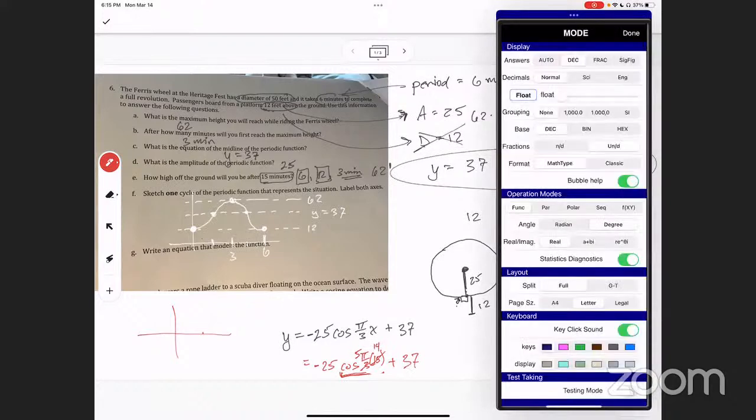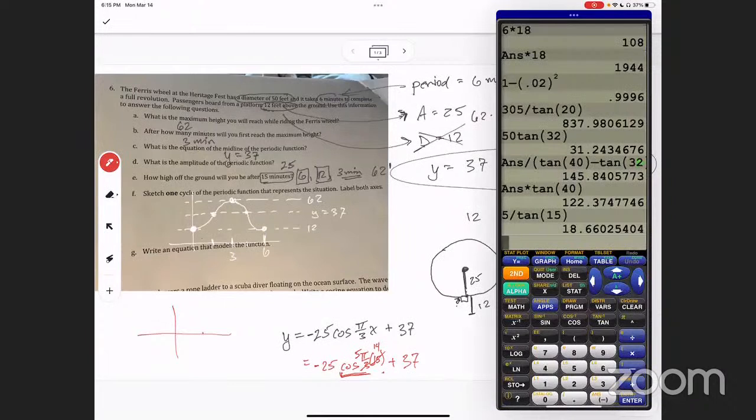Make sure that you're in radians, not degrees. And your formula is going to be 25 cosine of 14 pi over 3 plus 37.